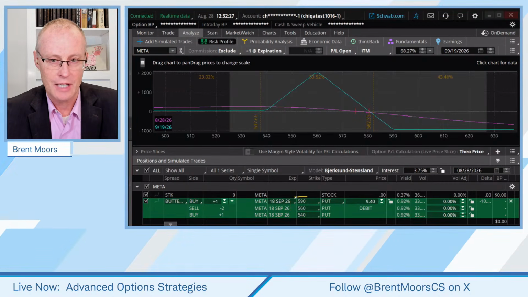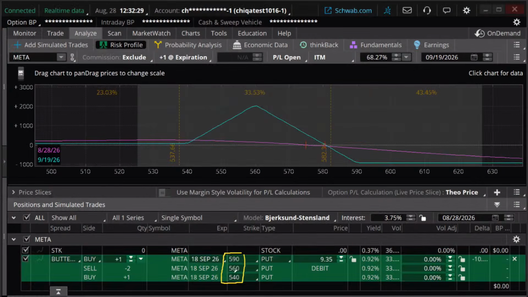I could make this a 600, a 570, a 550, and this would effectively make this graph look like that, more or less, okay?